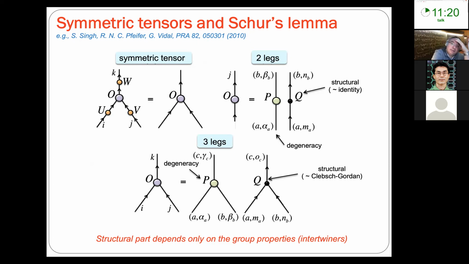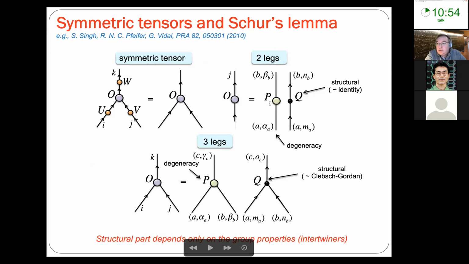There is one piece that corresponds to a degeneracy tensor, all right? And this is the one that has all the degrees of freedom of your tensor, okay? All the variational parameters, everything is in this degeneracy tensor. And then there is another piece that depends only on the symmetry and is fully constrained precisely by the symmetry. And this is what the people call a structural tensor, all right?